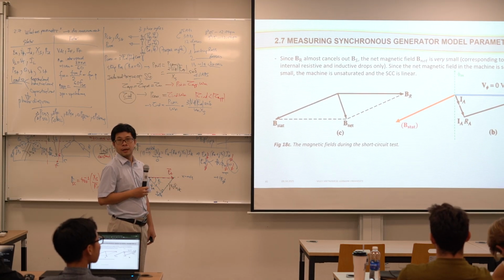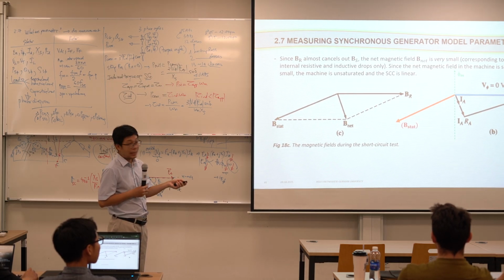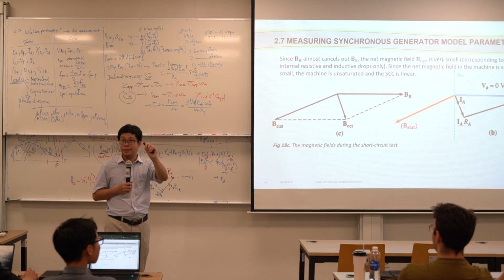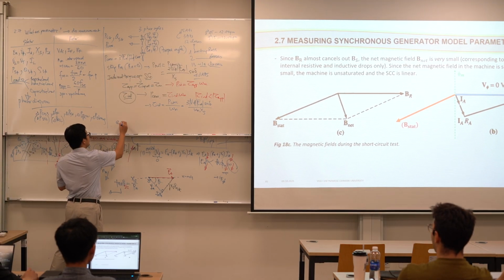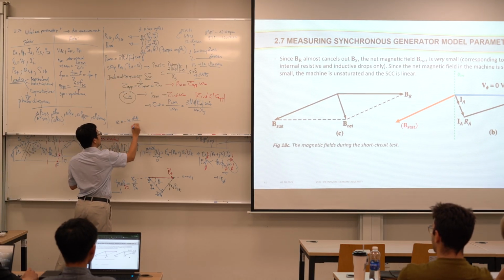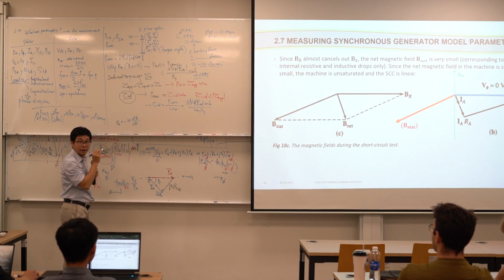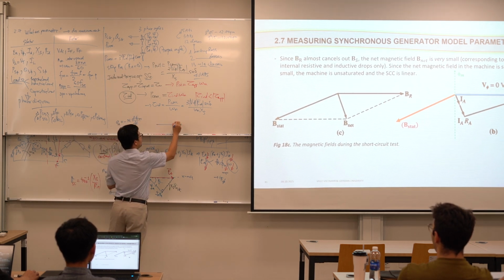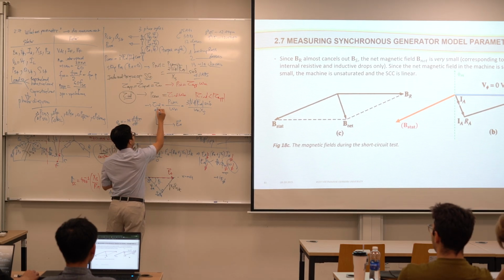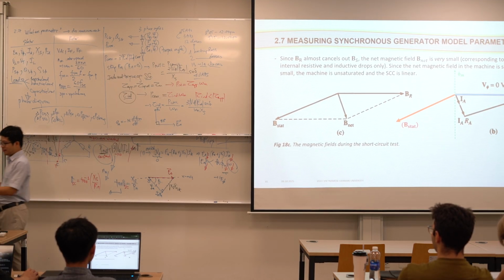I also introduced that EA always lags phi m by 90 degrees. Do you remember we have Faraday's law? We talk about minus N d phi over dt. This is EA, and this is phi m. So if here is always EA, here is always phi m. That means EA lags phi m by 90 degrees. Remember that? Okay, good.